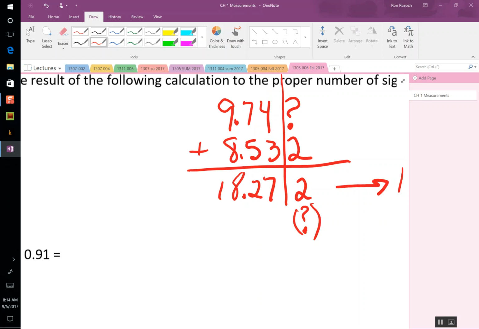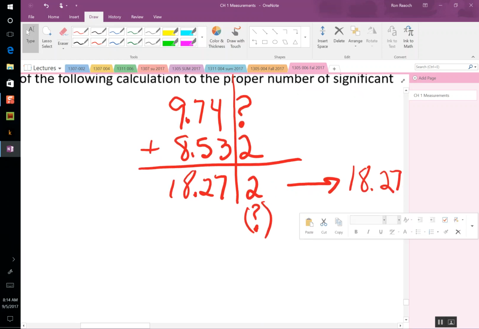We're not doing significant figures. We're going to do that on multiplication and division, but not in addition and subtraction. In addition and subtraction, we go out to the accuracy of the least accurate number. 9.74 has 2 decimal places, so we're going to report an answer with 2 decimal places.